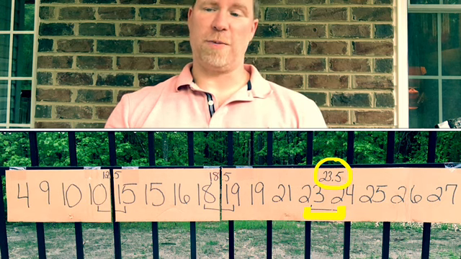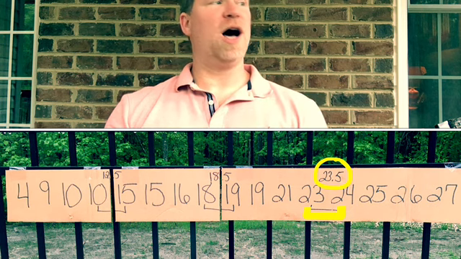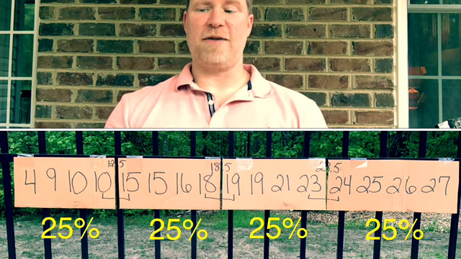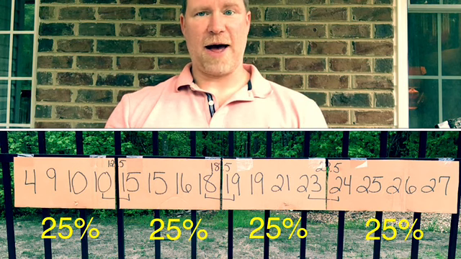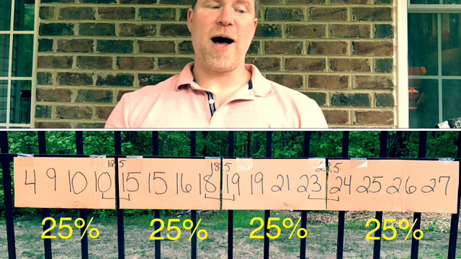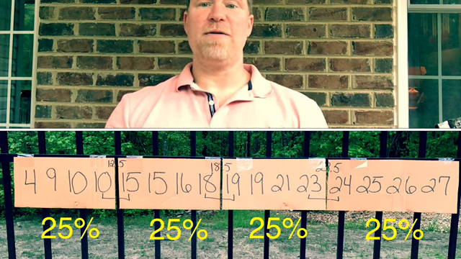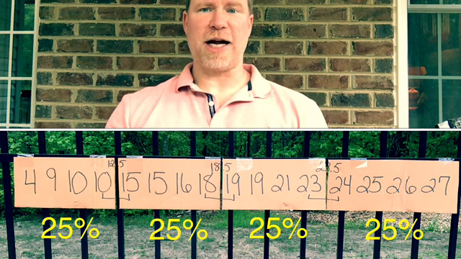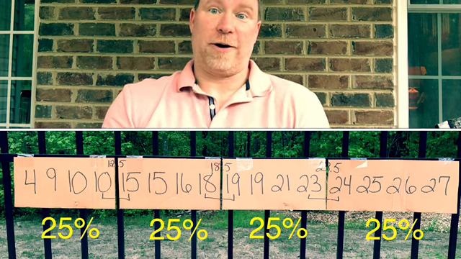That's going to give us 23.5. I'm going to cut the cardboard here at 23.5. Now I have split my upper half into 2 equal parts. So now I have 4 sections of 25% of our 100% of our data.